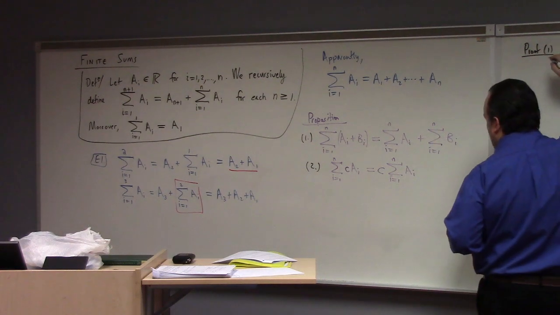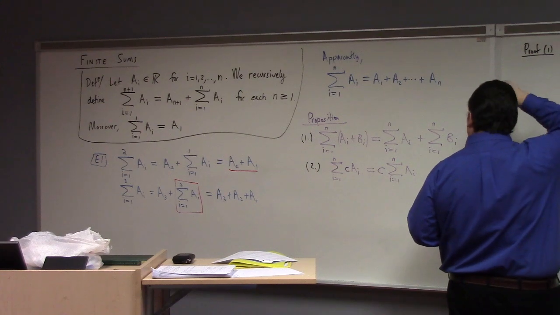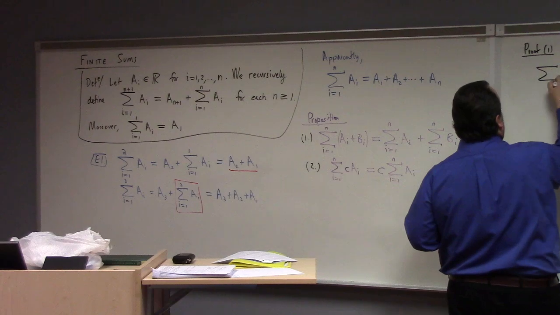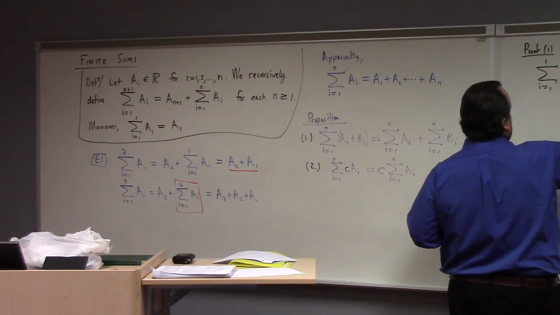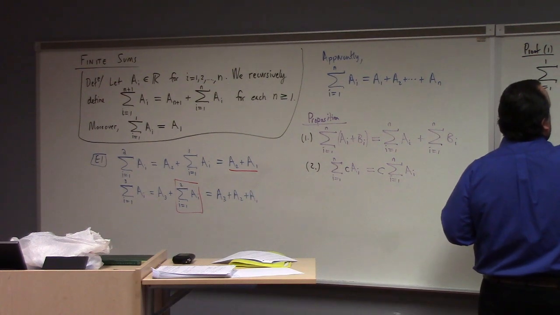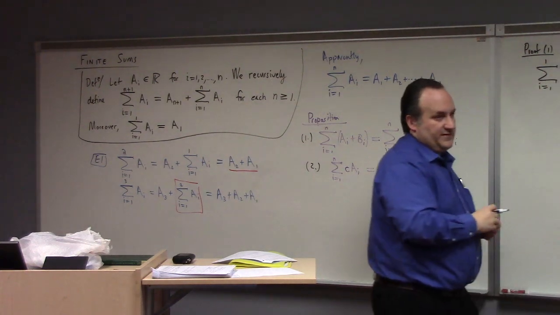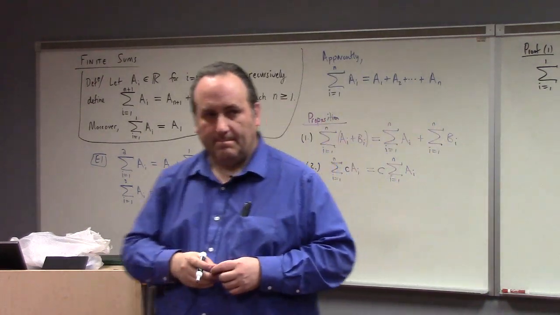Or if you like, the induction hypothesis. Well, we're not the induction hypothesis yet. It's the induction claim at the moment. So notice that the sum i equals 1 to 1 of a sub i plus b sub i is equal to a sub 1 plus b sub 1, right? By definition of the finite sum.